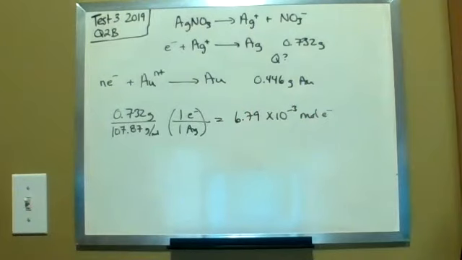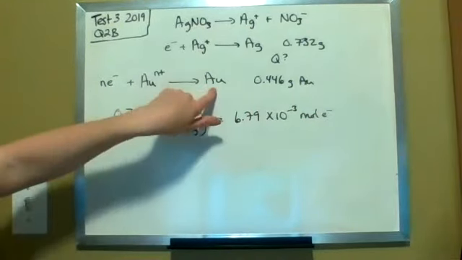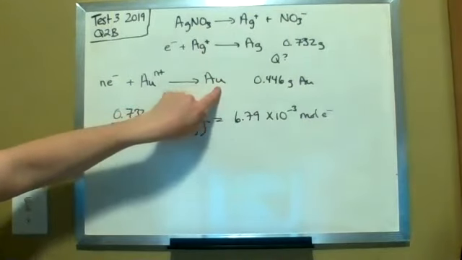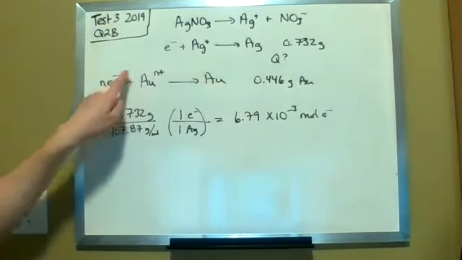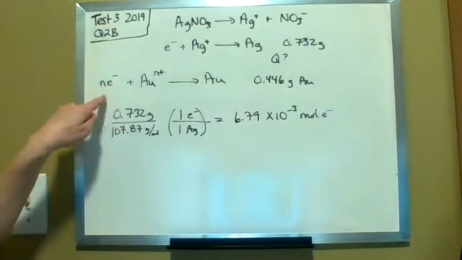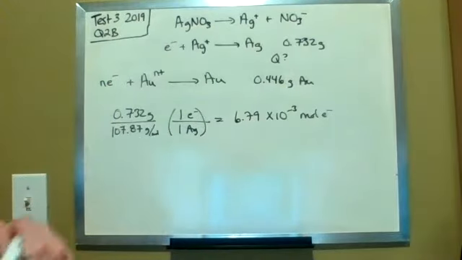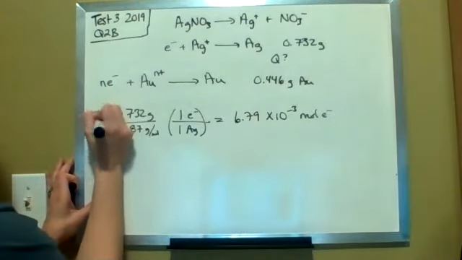So if it's the same charge, it's the same moles of electrons going through. Now we can figure out how many moles of gold this corresponds to. We know how many electrons total we have, so we can find that ratio. So this was for the silver.